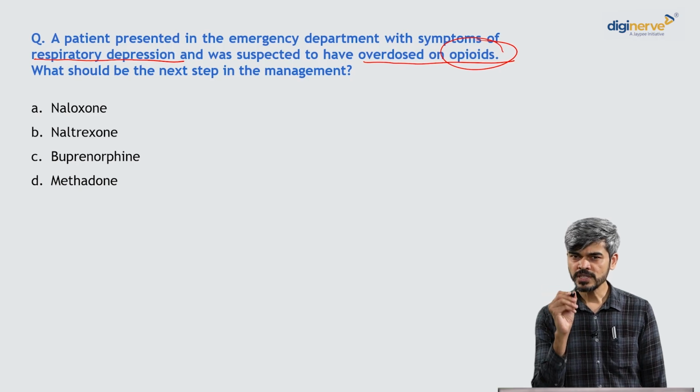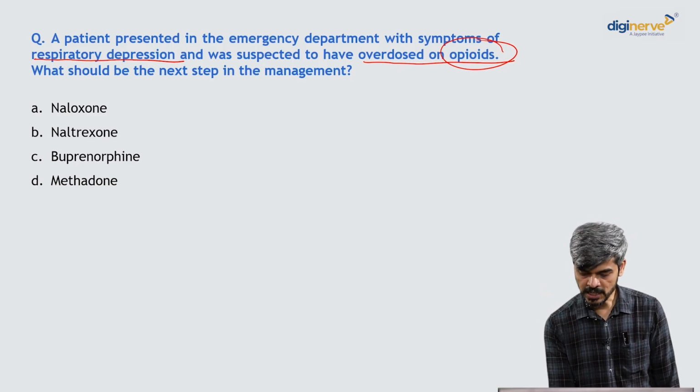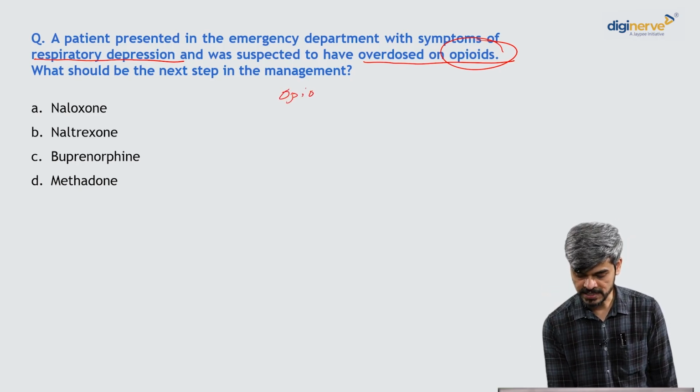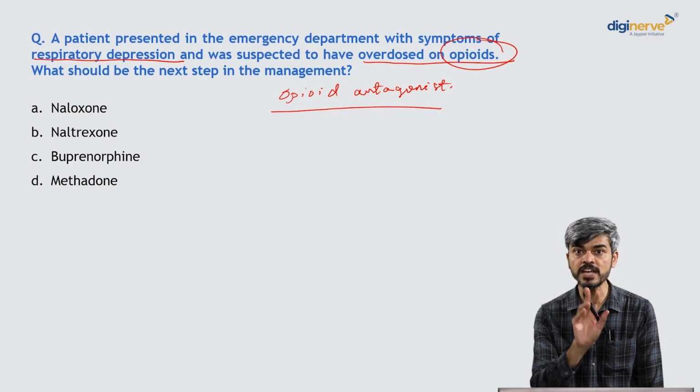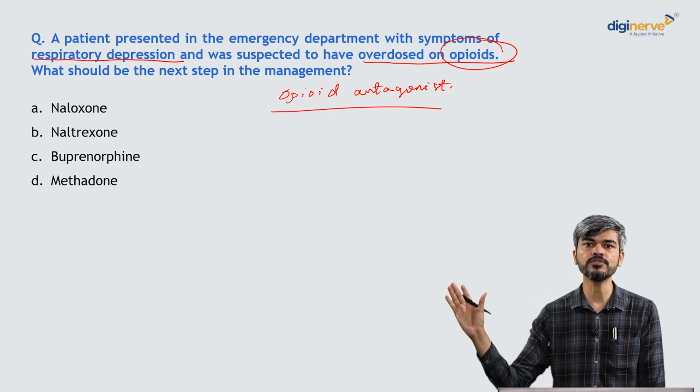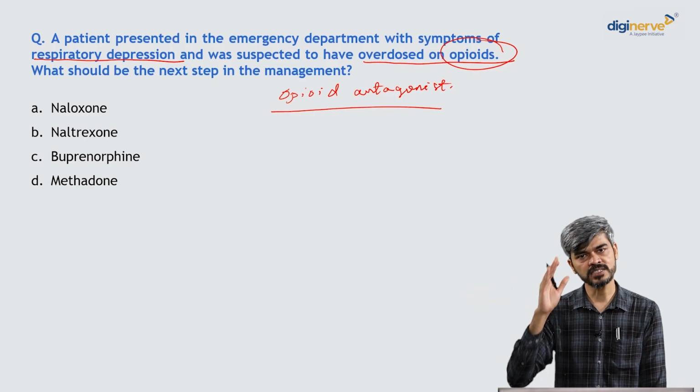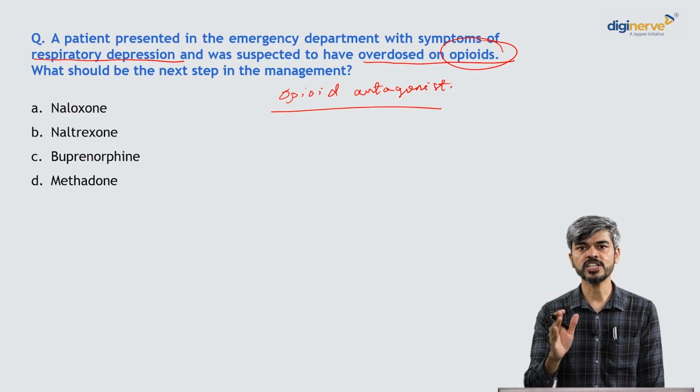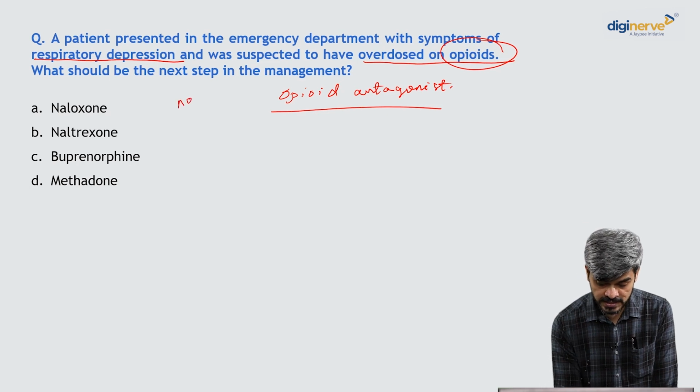Of course, you have to use an opioid antagonist, because you need a drug to go and sit on all possible opioid receptors and reverse the effects of the opioid that he has taken. So you need a non-selective, competitive opioid antagonist, which just has to go and sit on the opioid receptors.